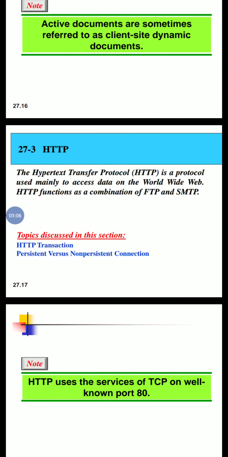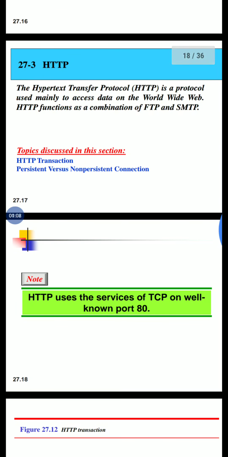HTTP uses the services of TCP on well-known port 80. At the time of lab, when we configured the web server, we saw in the configuration file, that is the httpd.conf file, that the default port number is 80. Why is this 80?